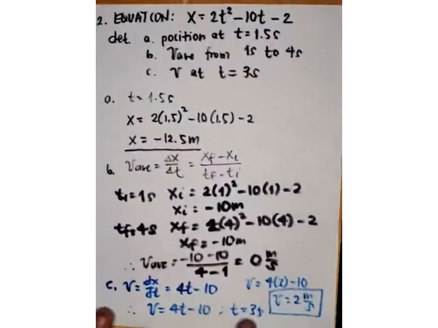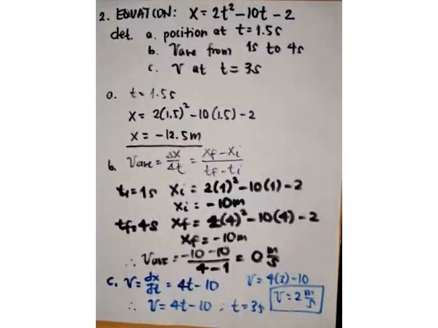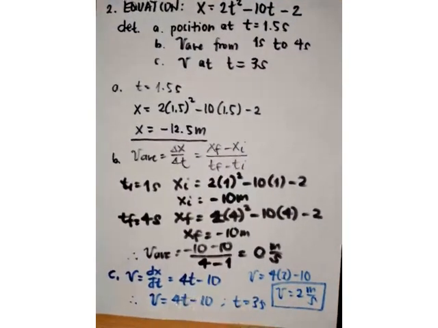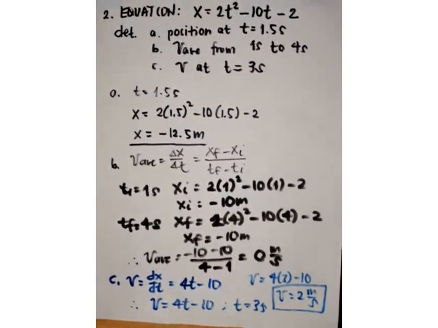At 3 seconds, the velocity is 2 meters per second. Okay, any question? Any question on this example on instantaneous and average velocity?